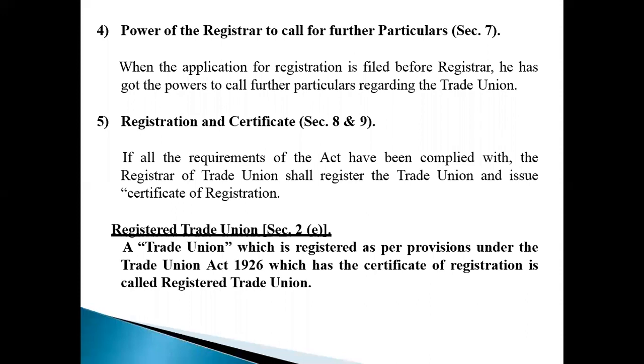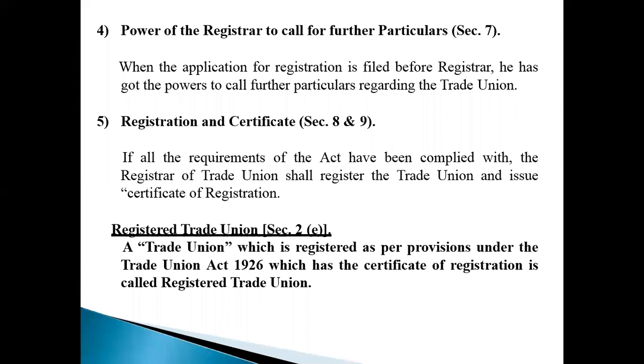Once the application is filed before and received by the registrar, to consider that application, the registrar has the right to call for further details about that particular trade union, right?